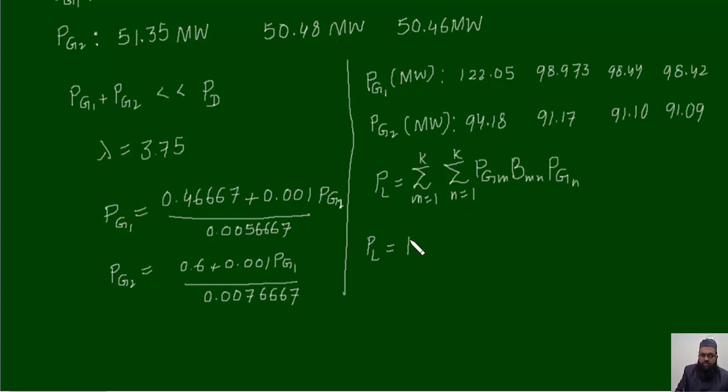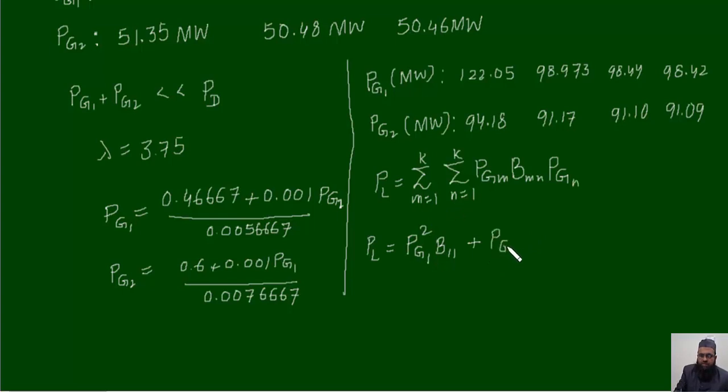So this will be equal to Pg1, M is 1, so Pg1, B11, and again Pg1, so N is 1, so directly right here a square.